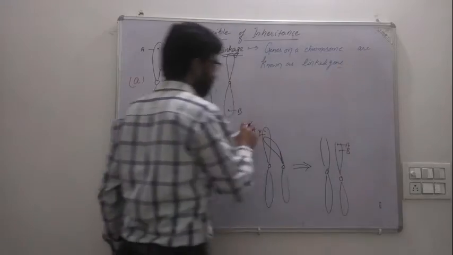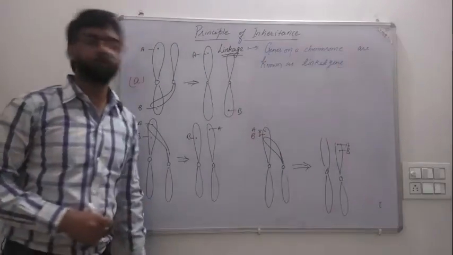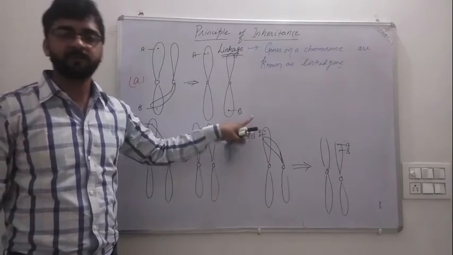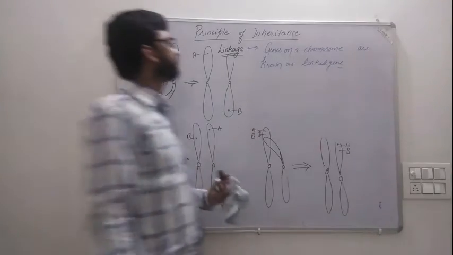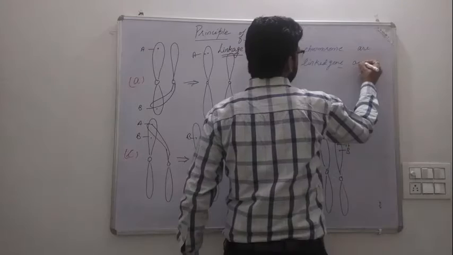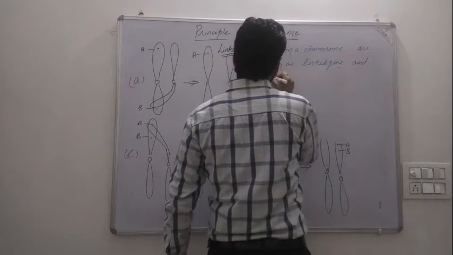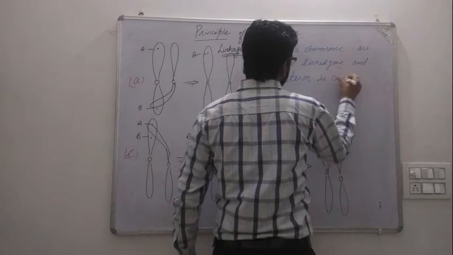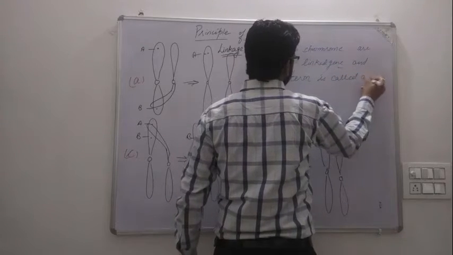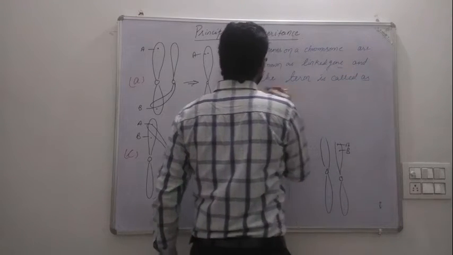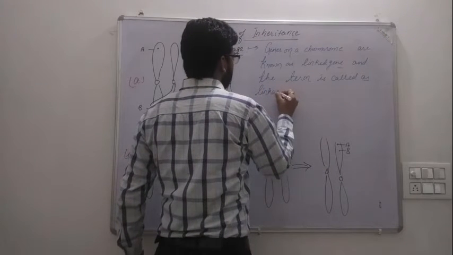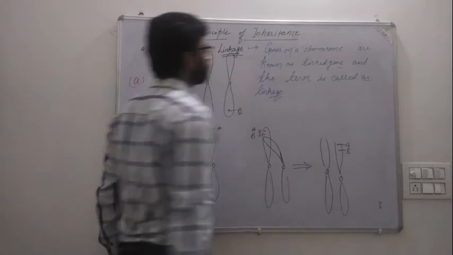We can say physical association of genes on a chromosome means they are located on the same chromosome. That's why they are physically associated. Linked genes, and the term is called linkage.